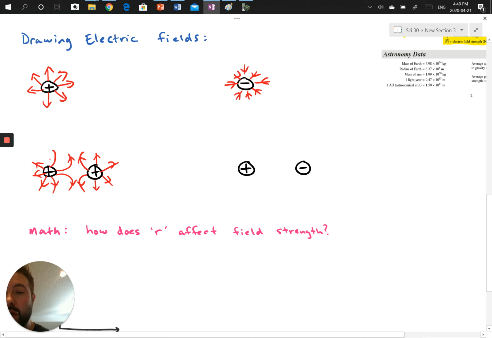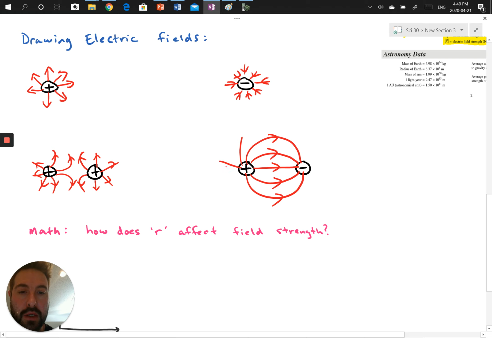Of course, if I had more charge, a stronger field, I would have more lines. Now, in this case, these 2 objects are going to be attracted to each other. So they will actually have connecting field vectors here. And so we're going to see something kind of like this. And it's always going away from positive and towards negative.